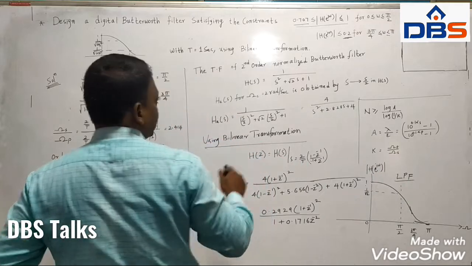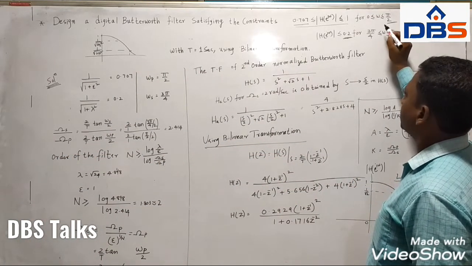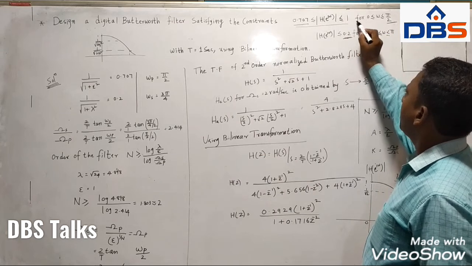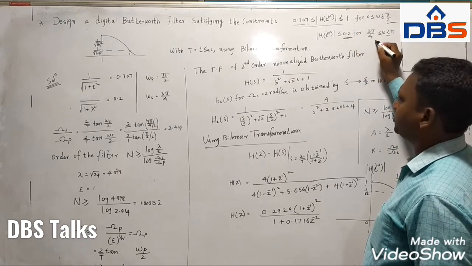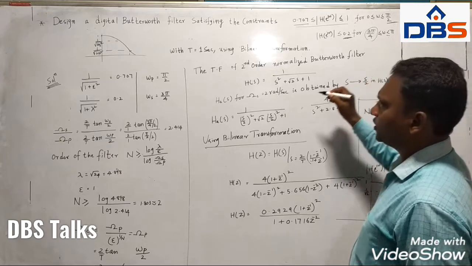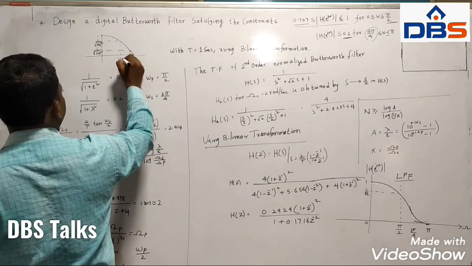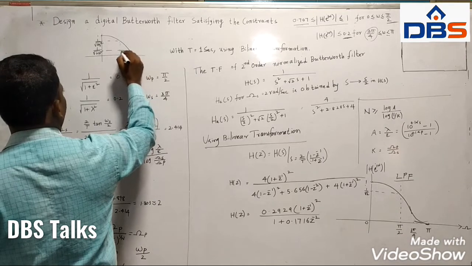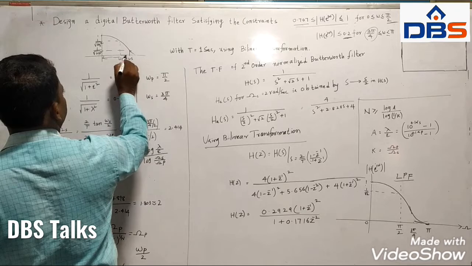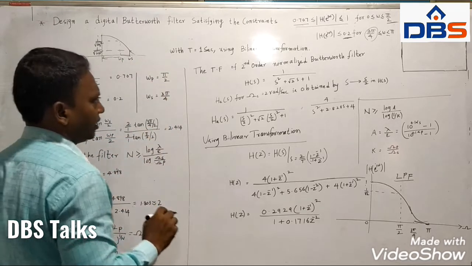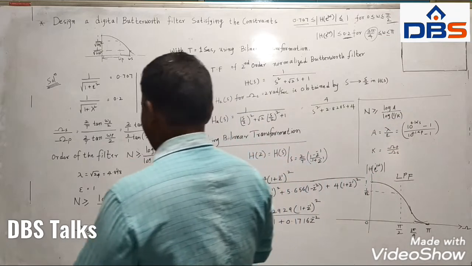Now see, this is omega p, the pass band edge frequency. Already I told you this is the pass band, this is the pass band edge frequency, and this is the stop band edge frequency. Entire this region is the pass band, this is the transition, and then the stop band. So the edge frequencies are given as pi by 2 and 3 pi by 4.